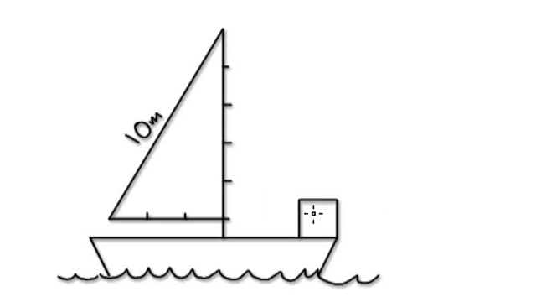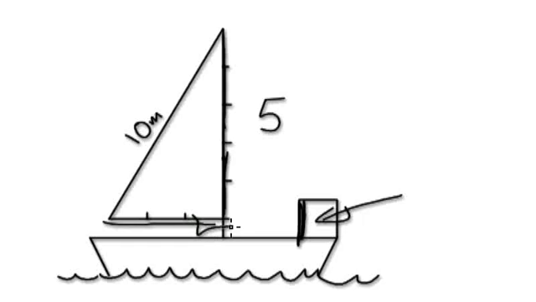The height here is going to be, whether 1, 2, 3, 4, 5. The height of the sail will be 5 times the height of the cabin here. Oh, by the way, this is a cabin here, and the length here will be 3 times the length of the cabin.